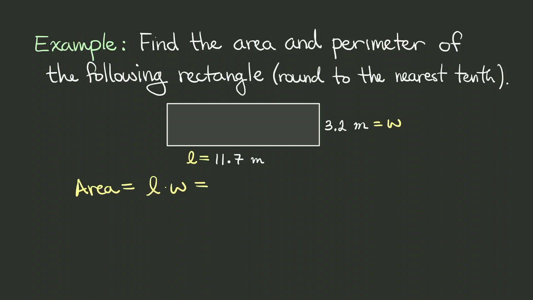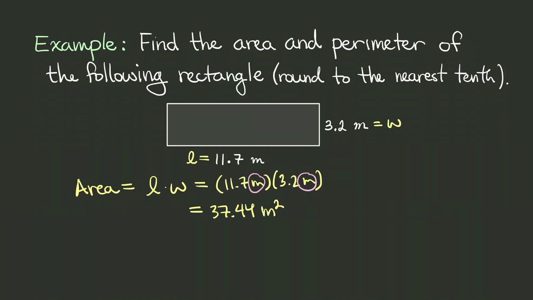That will give us 11.7 meters times 3.2 meters. So when I multiply this out, 11.7 times 3.2 is going to give me 37.44. And now I get the units by taking the units that I have here and multiplying. So I'll have m squared, which stands for meters squared.